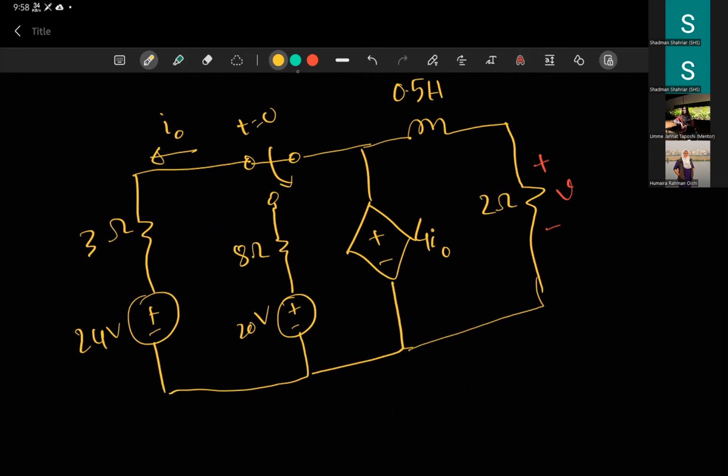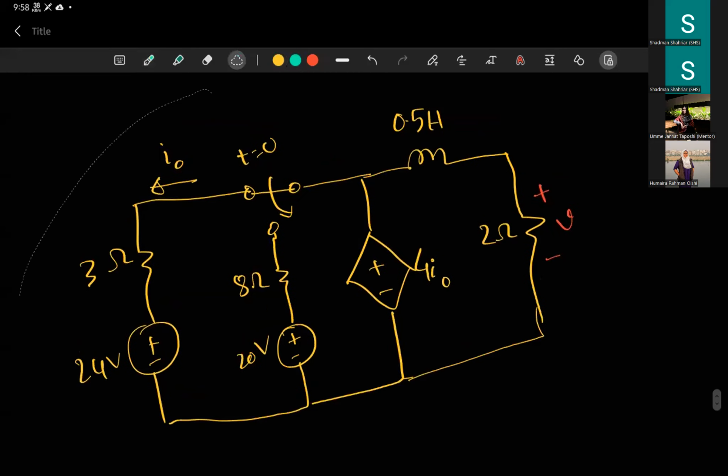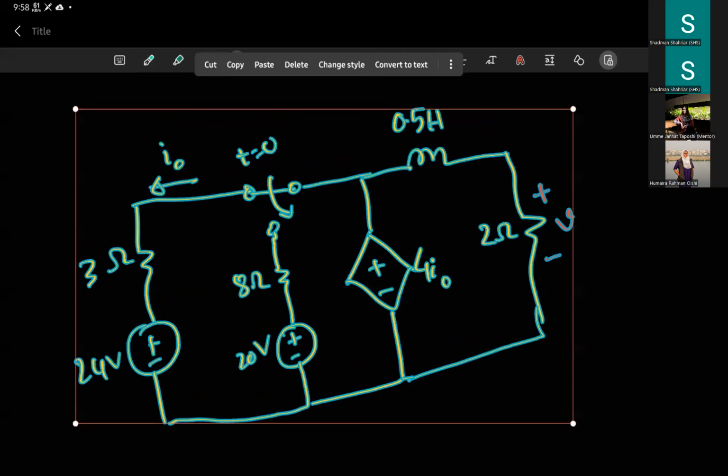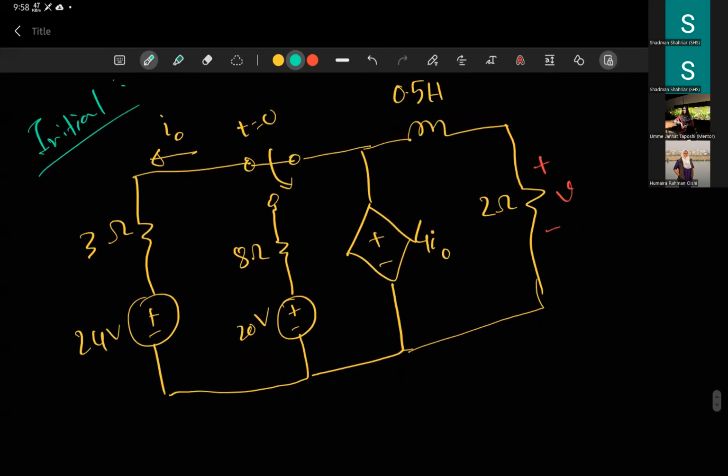Step 1, you have to find the initial circuit. Let me copy this before I edit it. I am going to start by solving the initial circuit. Initially, what was the situation? This is the connection, right? Again, you have this part hanging out, so you don't need this 8 ohm and 20 source.